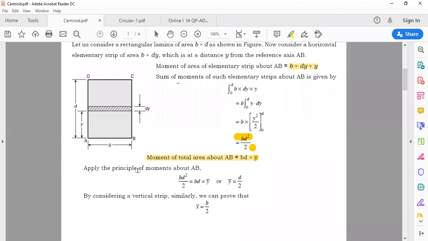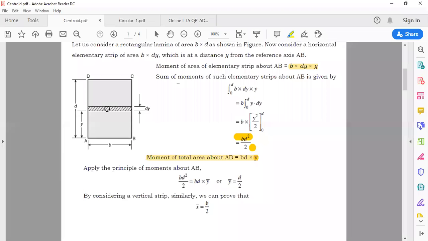So applying the principle of moments about AB, it is BD square by 2 is equal to BD into y bar. If you rearrange the terms here, you will get y bar is equal to D by 2. So your centroidal distance y bar of a rectangle is D by 2.